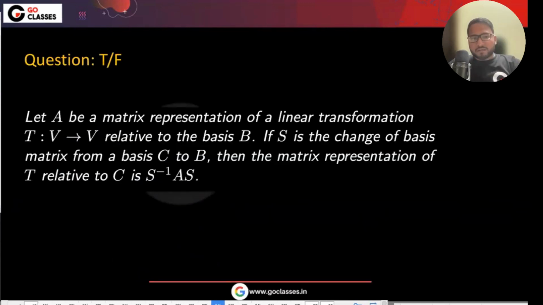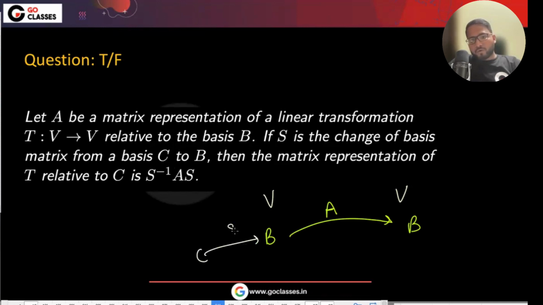So let's see this true false question. Let A be the matrix representation of a linear transformation relative to B. S is a change of basis matrix from C to B. Here you have B as a basis, here you have B as a basis, and from B to B you are going using A. From C to B, you go using S. Similarly, if you want to go from B to C, you will use S inverse, right?